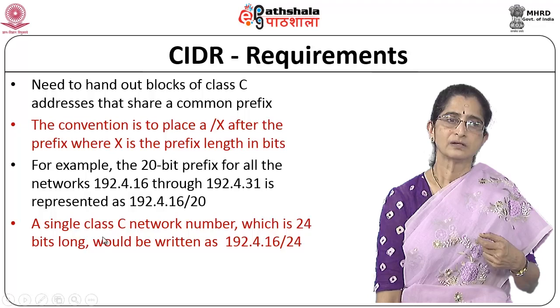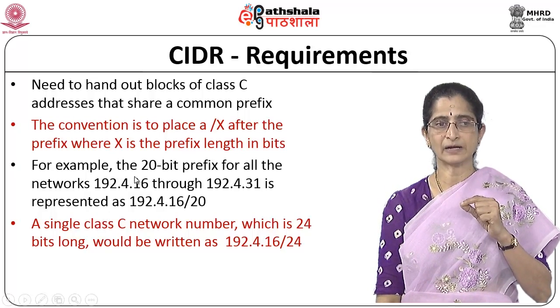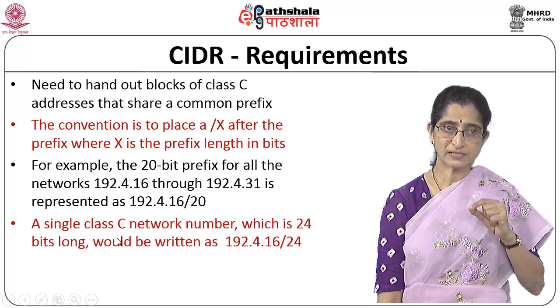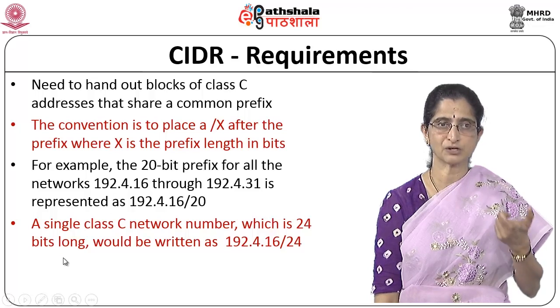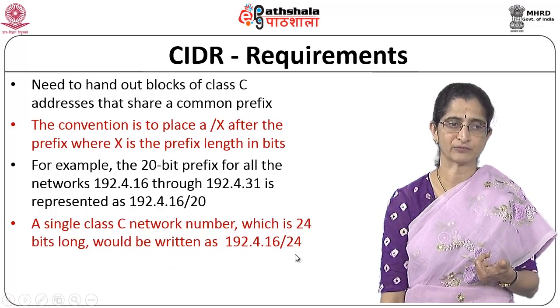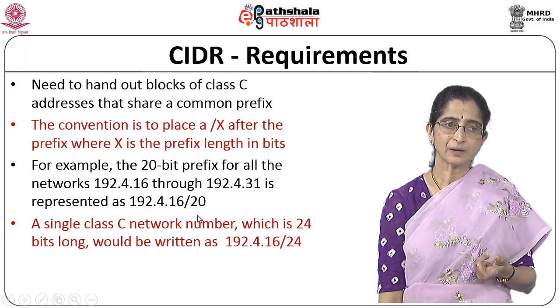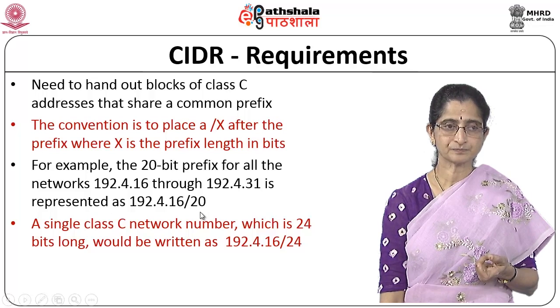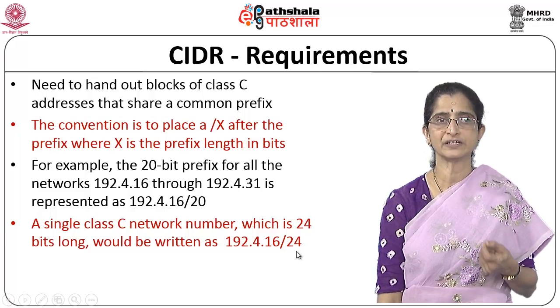So, in this prefix based addressing mechanism, if you want to specify a normal class C network number, which has a 24-bit long network address, you could write it as 192.4.16/24. So, you can see that these two different numbers, by means of the prefix length being different, actually refer to two different networks.